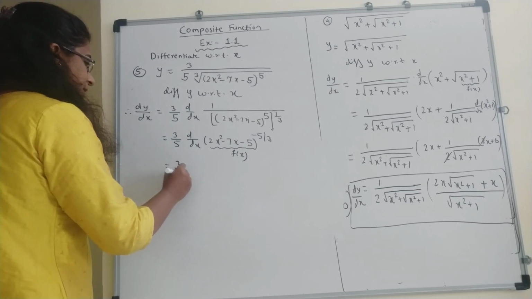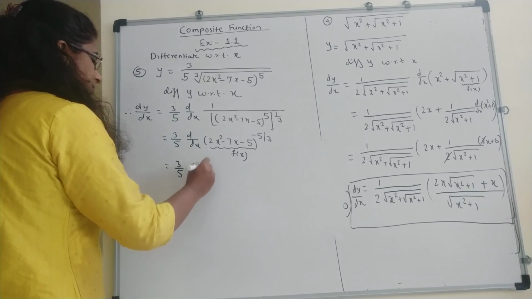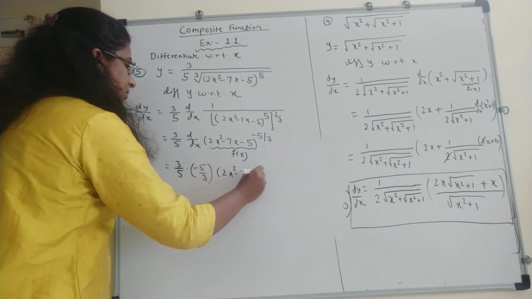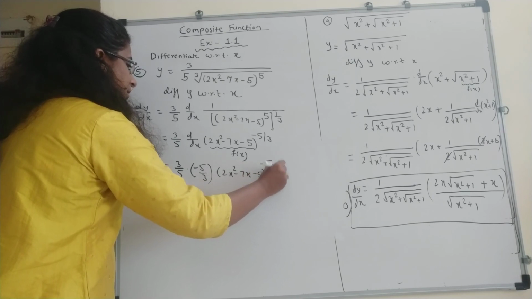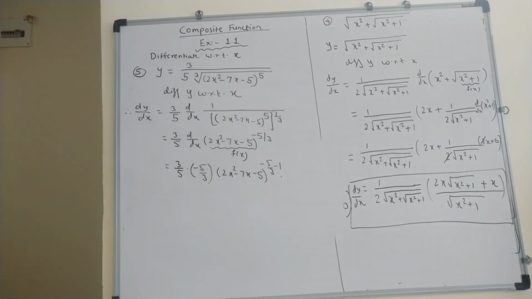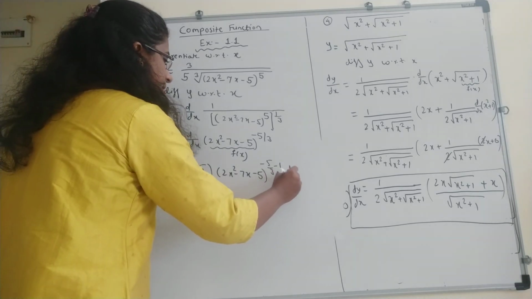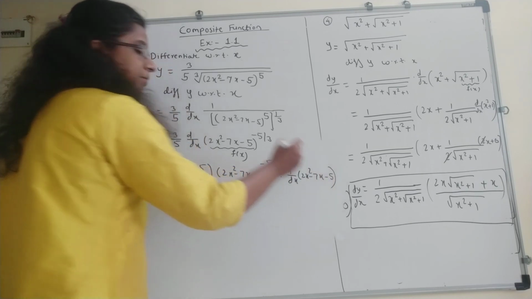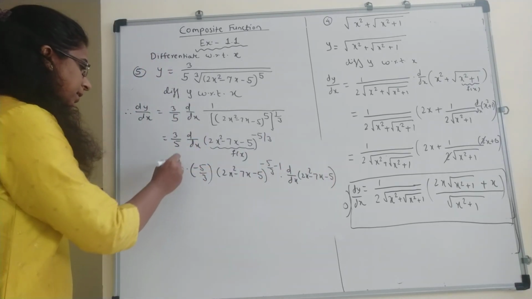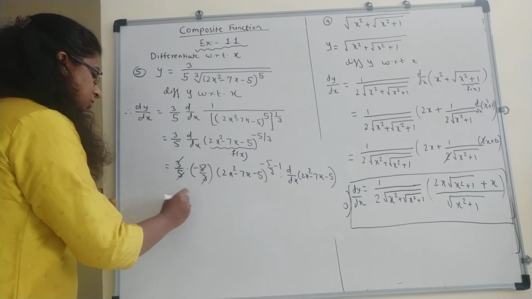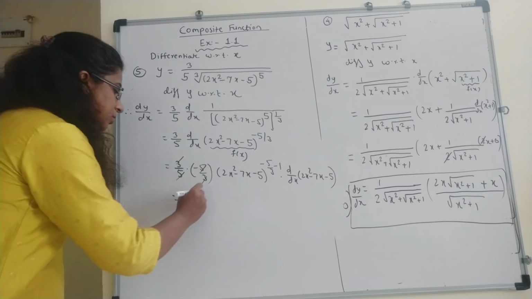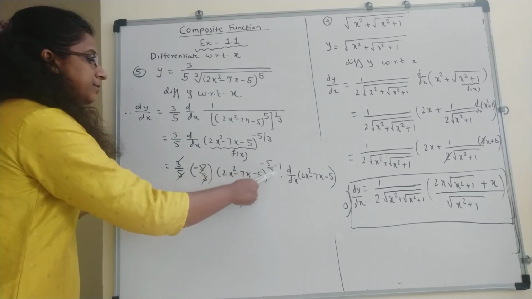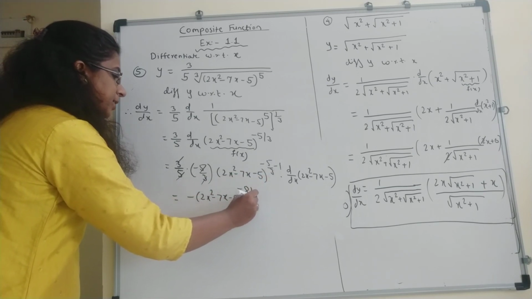Derivative of f(x) raised to n is n, n is minus 5 by 3, n f(x) means this whole bracket raised to n minus 1 multiplied by always the derivative of the inner function, that is 2x square minus 7x minus 5. 3 cancel, 5 cancel, so this is a minus sign. So minus of 2x square minus 7x minus 5. Find out the LCM. Minus 5 minus 3, it is minus 8 by 3.